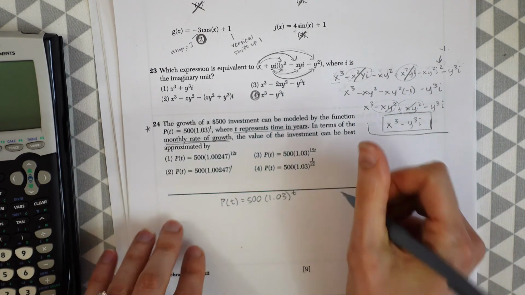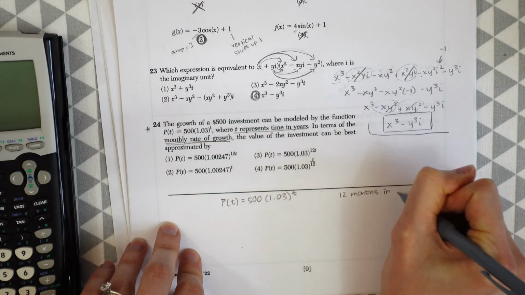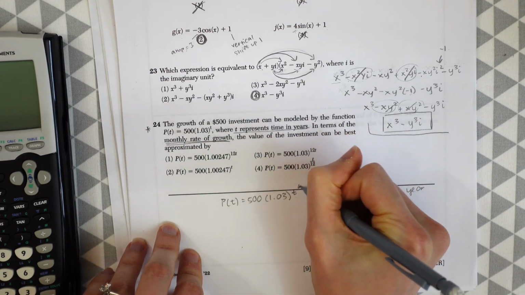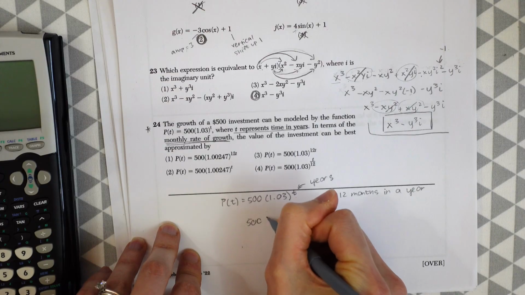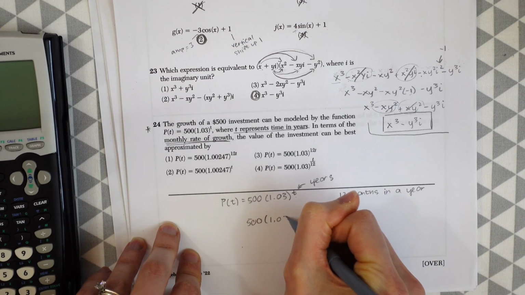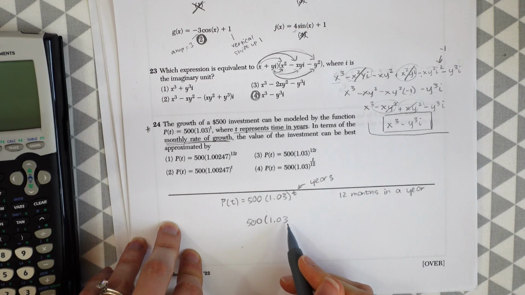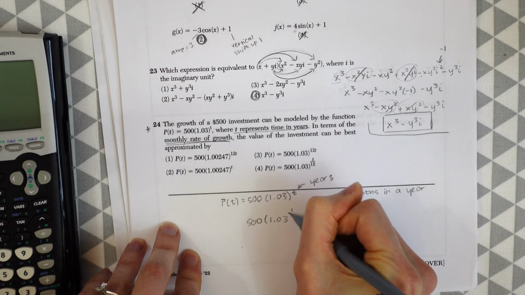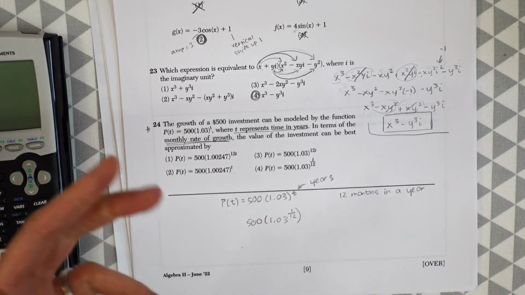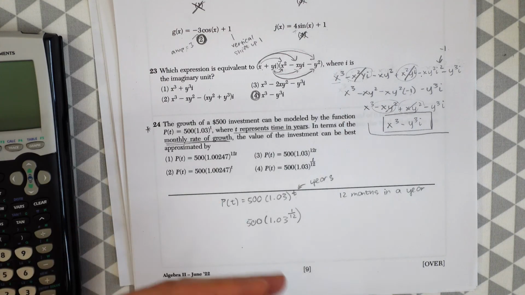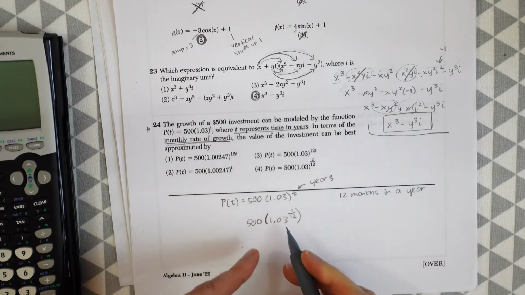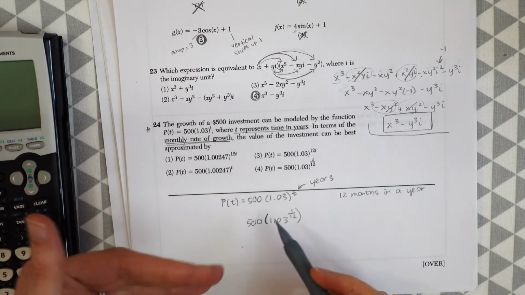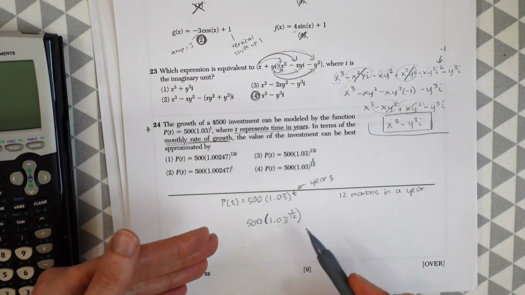So there's 12 months in a year. t already represents years, so we just need to adjust this formula for months. To do that, we're going to change our rate, 1 plus r, and raise it to 1 over 12 for 1 month out of the 12 months within a year. Because the rate will be affected by this, because this is the yearly rate, but we want the rate in relation to the months.